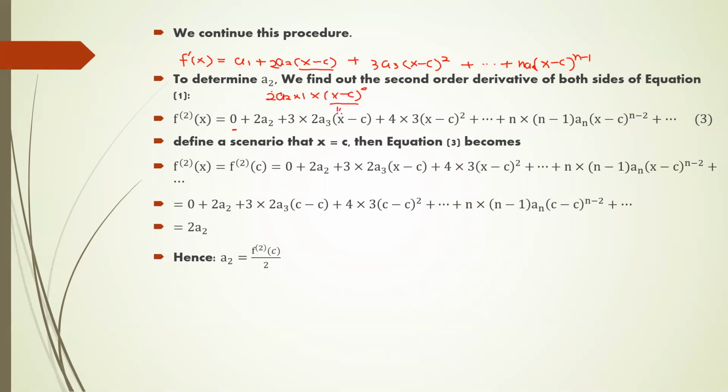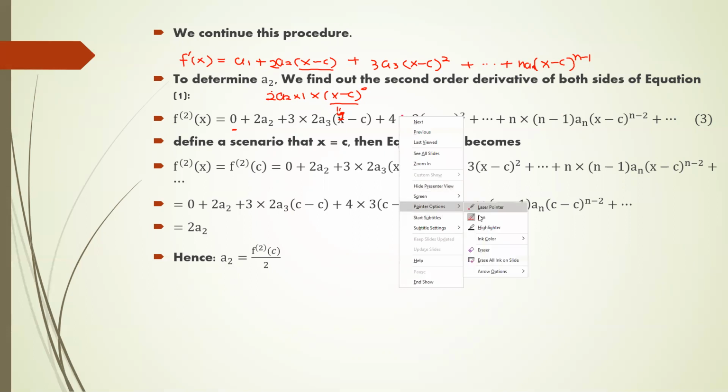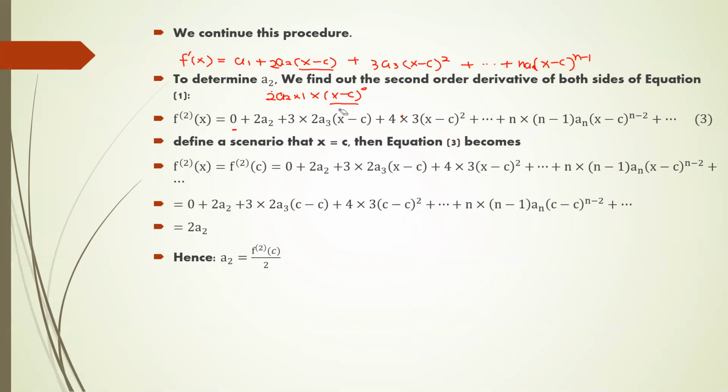And any term with a power of 0 is just equal to 1. So this term, what is left is 2a2.